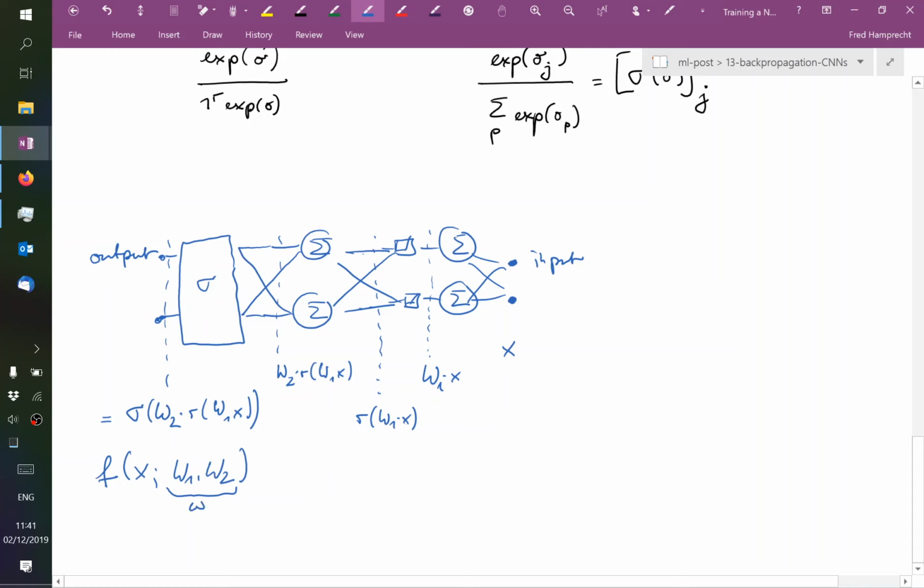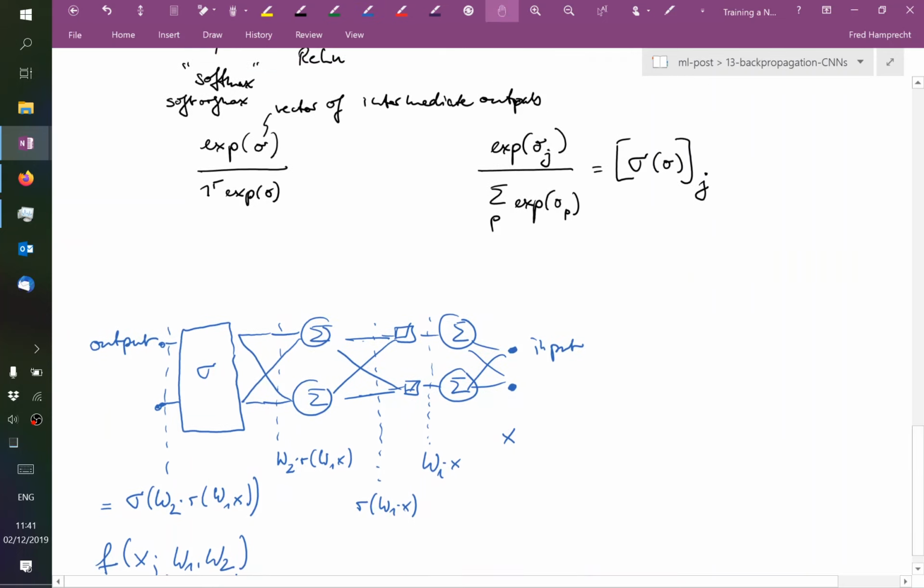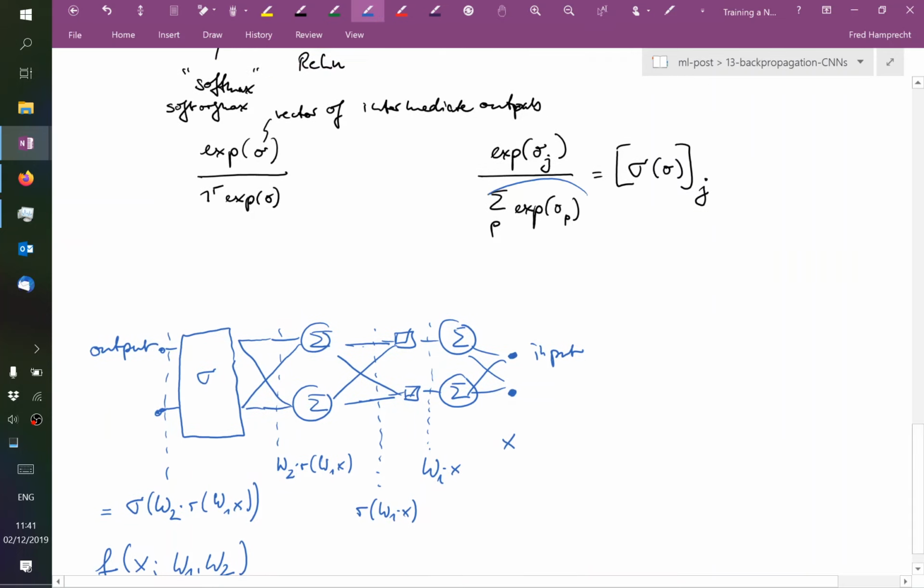Yeah? Usually one activation function is associated with one neuron. I'm a bit confused. Okay. Yes. This is because if you look here in the denominator of the softmax, what the softmax does is it divides output component j by the sum of all outputs.